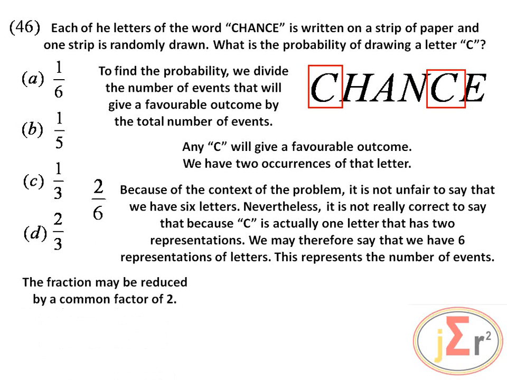The fraction may be reduced by a common factor of 2. So 2 into 6 is 3 and 2 into 2 is 1. The correct answer is option C, 1/3.